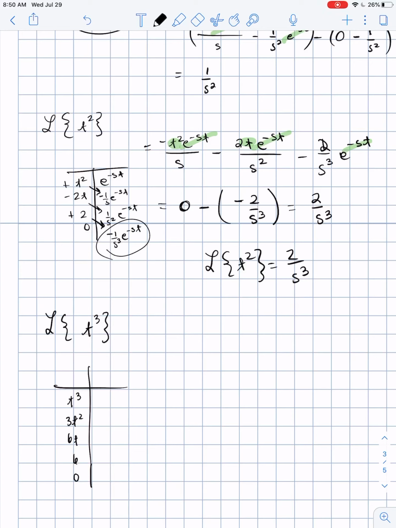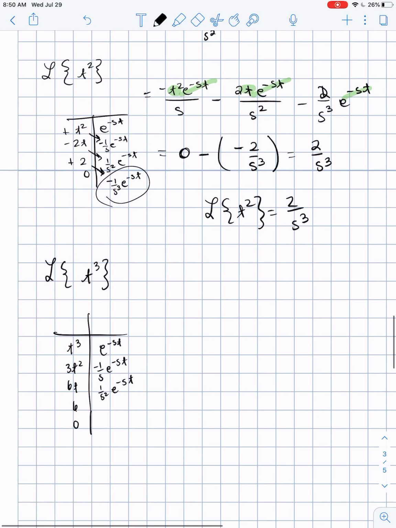Okay, so as we go along, we're going to have the same thing up until the end. 1 over s squared, e to the negative st, and then same idea, right?